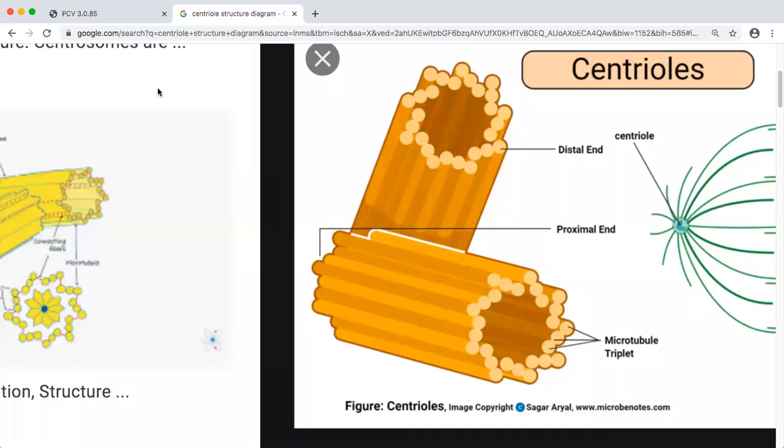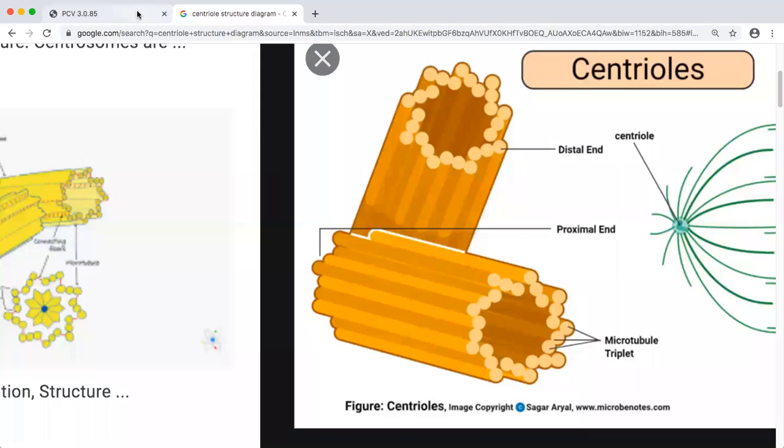So this is basically microtubules arranged in a triplet structure, in a spherical form, with nine triplets together. You have two ends. One is called the proximal end. You can see that these two are connected on one side. That connected side is called the proximal end, and the far away side is called the distal end.